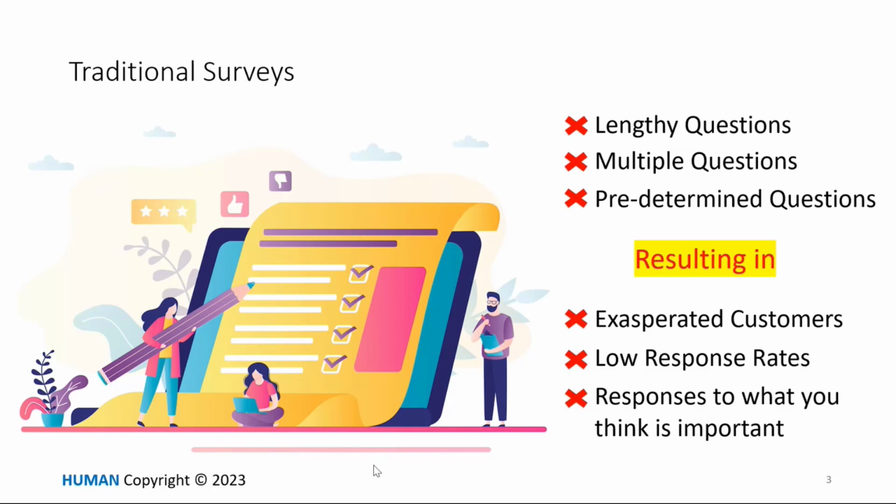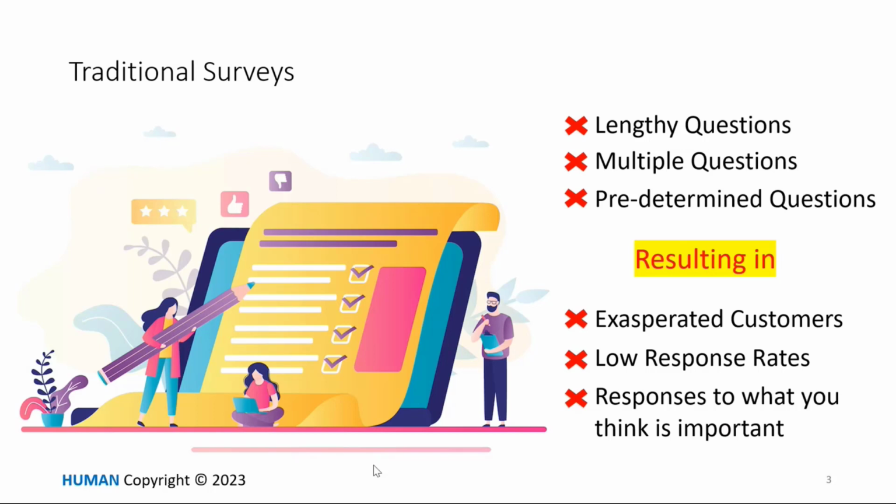So these traditional surveys had such things as lengthy questions, multiple questions, all sorts of different questions, but they also had predetermined questions. In other words, they would ask you something that they wanted you to answer. And there may have been things that you wanted to say to them, but there was no place in the survey for you to be able to say that.